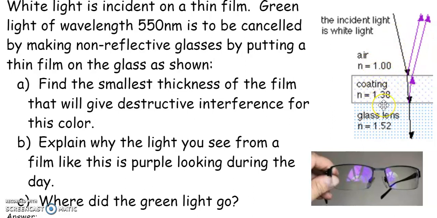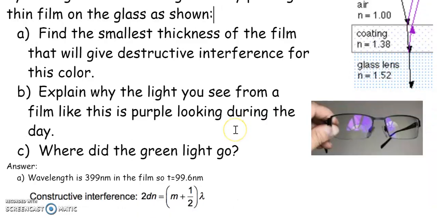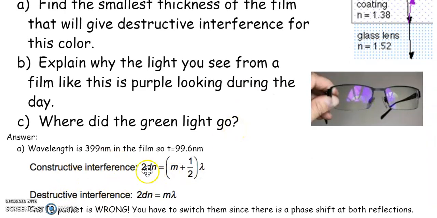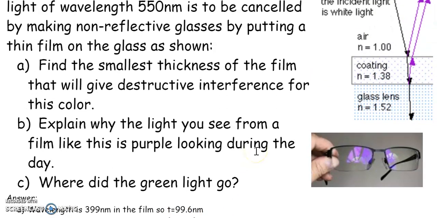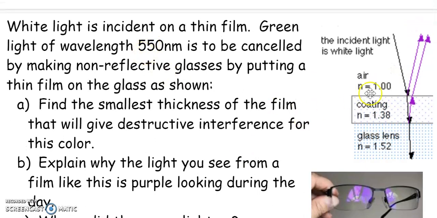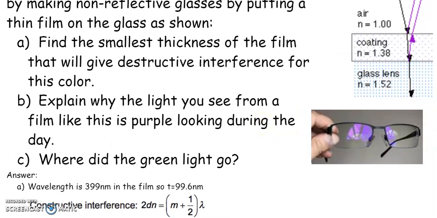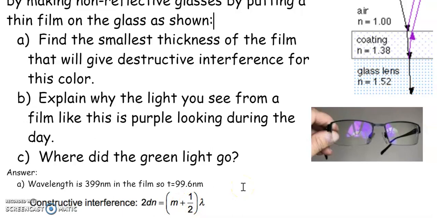And since we're having phase shift at both, that means that these equations here are toggled. In other words, just change the word destructive and constructive, switch them over back and forth, so that this one is the one that you would use for constructive, and this is the one that you would use for destructive. So we want destructive, but because of the phase shifting happening at both, we're going to use this equation for destructive instead.